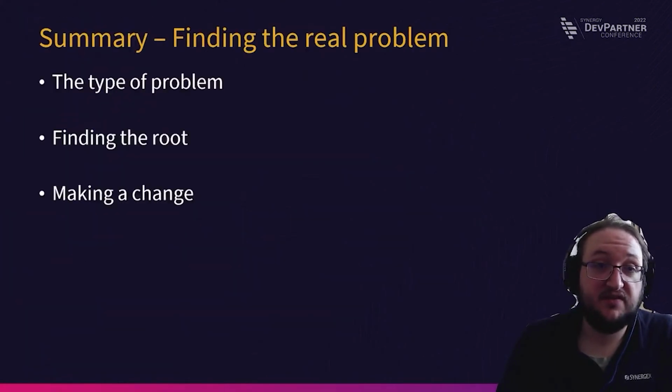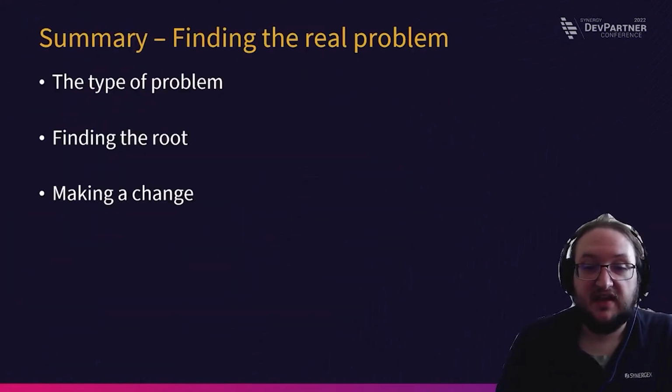In summary, for finding our real problem, think about the type of problem. Is it a problem that happened because the fix was just a band-aid? Is there a deeper-rooted problem, like it's going to happen again? Is it repeatable, something that just keeps coming up? Or is it a problem that happened because the requirements were wrong?